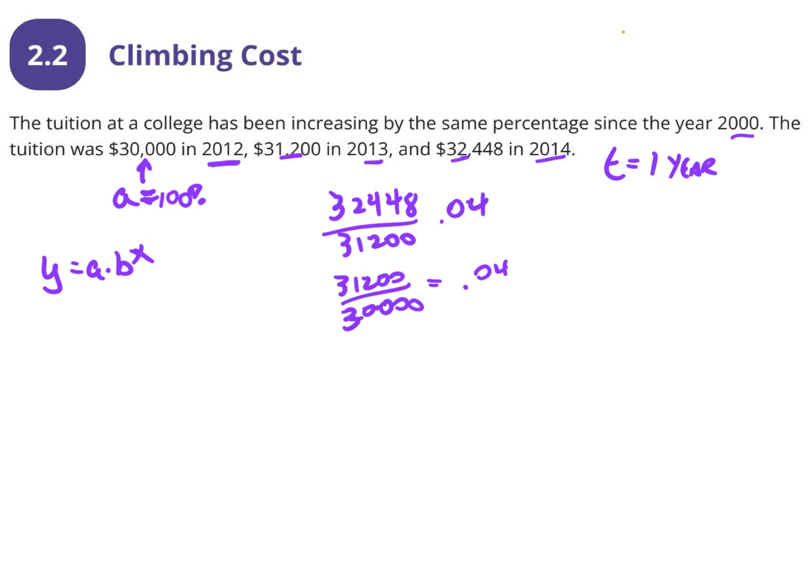It's the same number, it's the same growth. So that tells me when I multiply it by 100, that the tuition has been increasing by 4% each year.